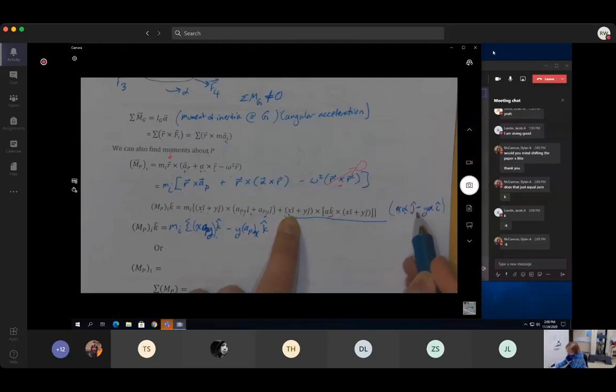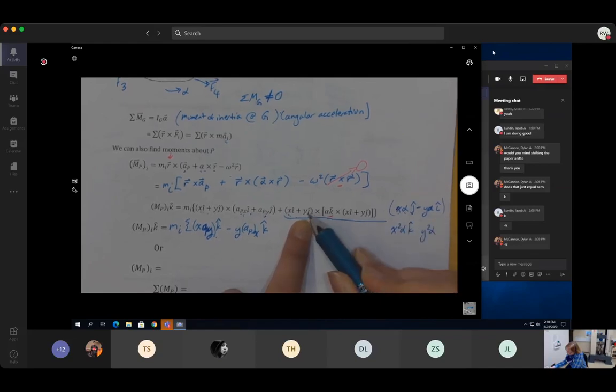We have an I hat and a J hat, so we can multiply those. So we get X squared alpha, I hat crossed with J hat gives us K hat. Then we have Y times Y alpha, so we get Y squared alpha.